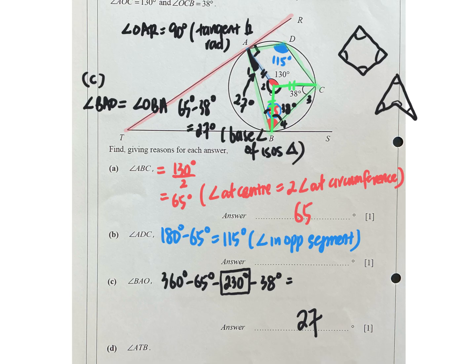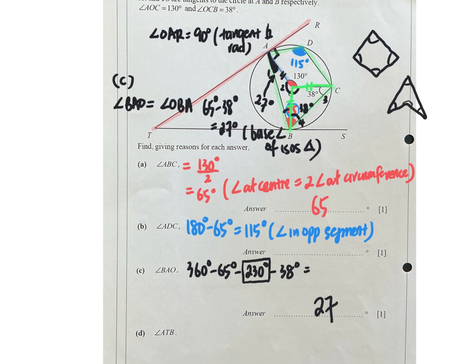Last one is ATB. Remember, these two are tangent lines. We just found this to be 27, this to be 27. So remember how to find?